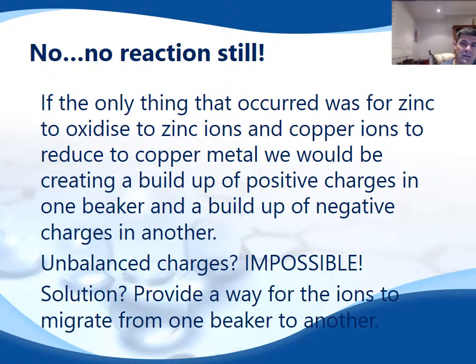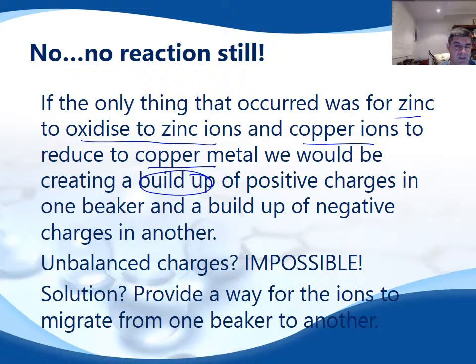In this case, what we've done is we've allowed a passage for the electrons to move, but we haven't allowed the passage of the buildup of ions. So when the zinc is oxidized to zinc ions and the copper ions reduce to copper metal, we create a buildup of charge, potentially.